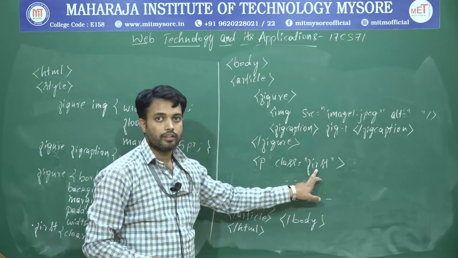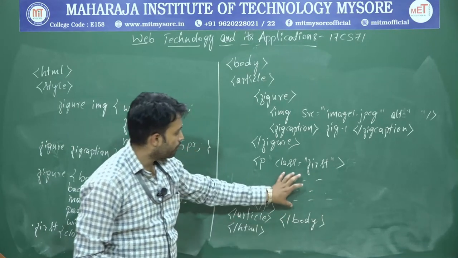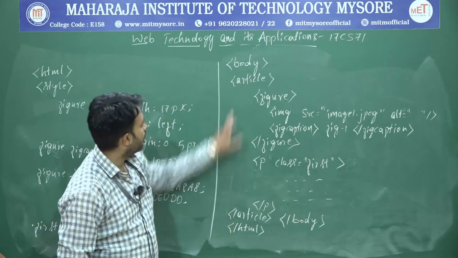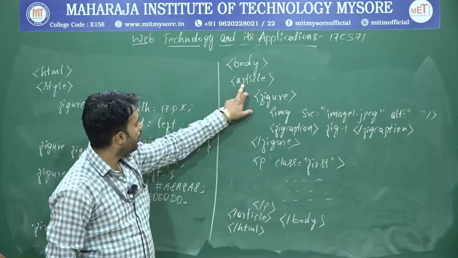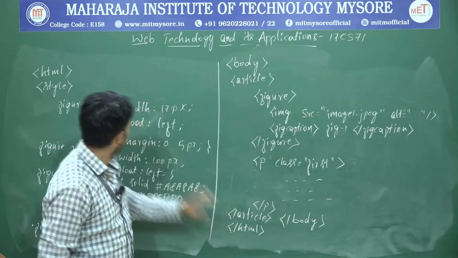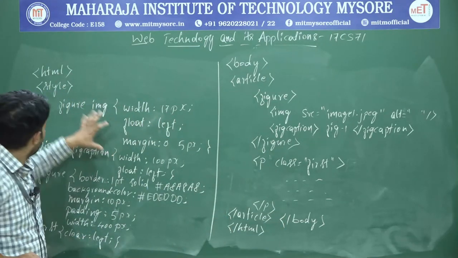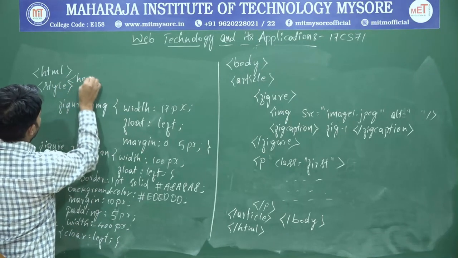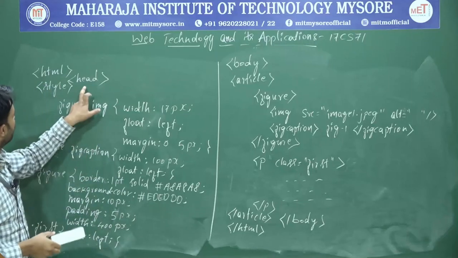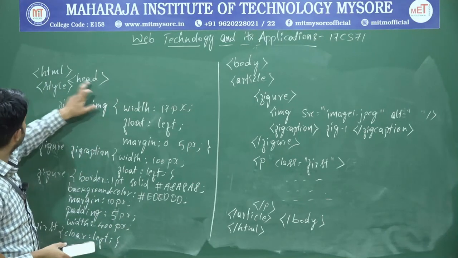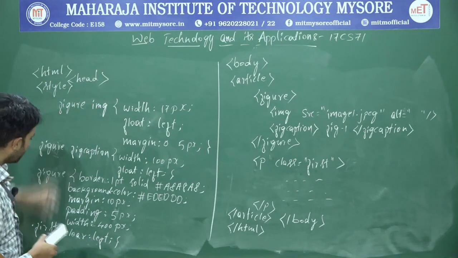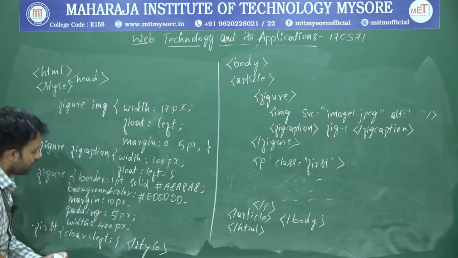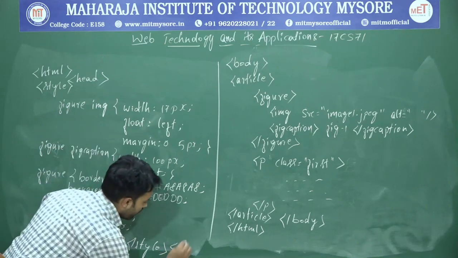The class of that paragraph is first, followed by 10 lines of content, and then I have closed this paragraph, and the closing tags of article, body, and HTML. Coming to the head part of the HTML, within the head I have written style, and at the end I close this style, and then close the head.